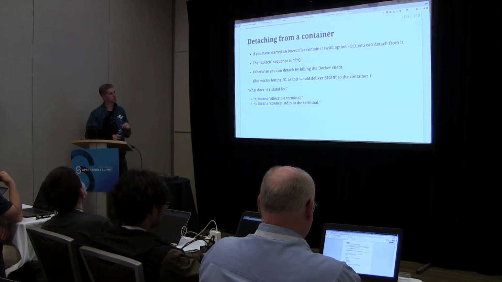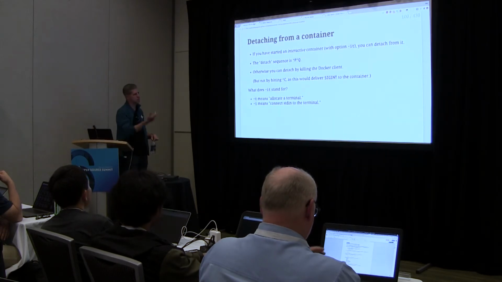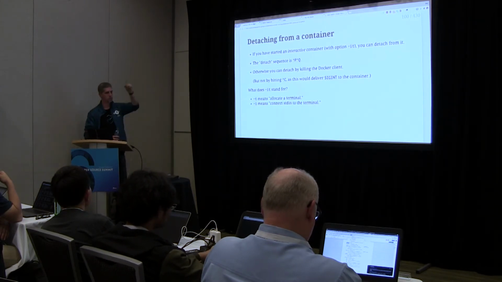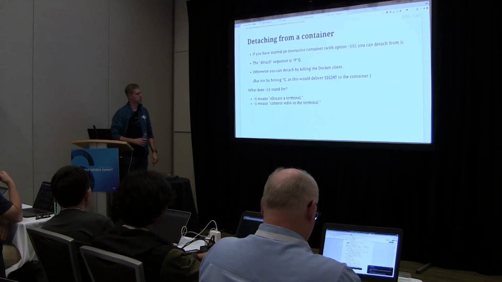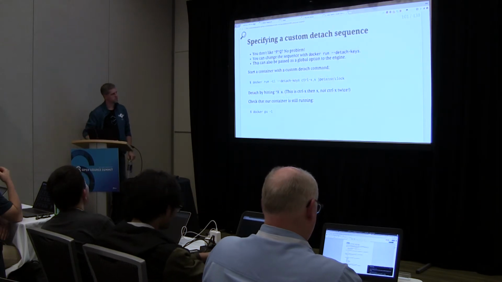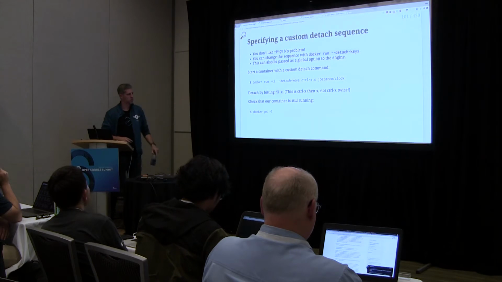But you could also kill the client process that's handling the output from the container, and obviously killing that process would do the same thing. You can't do it by hitting Control-C because that is delivered through the API to the Docker engine and delivered to the container. We already talked about -t and -i in the prior section. There is a way to specify a different detach sequence if that's important to you. You can, in this case, change it to Control-XX.